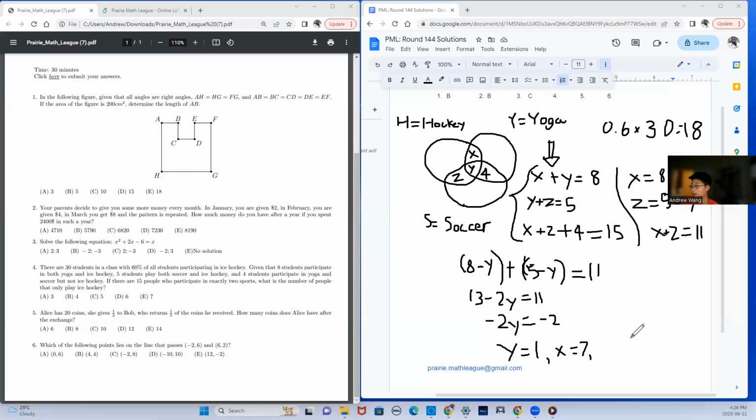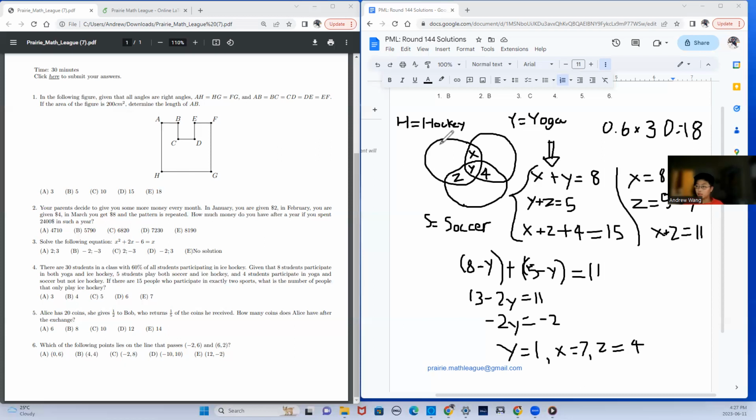Now let's try and find Z from Z equals 5 minus Y. Y is still 1, so Z equals 5 minus 1, so Z equals 4. And the question asks, what is the number of people that only play ice hockey?